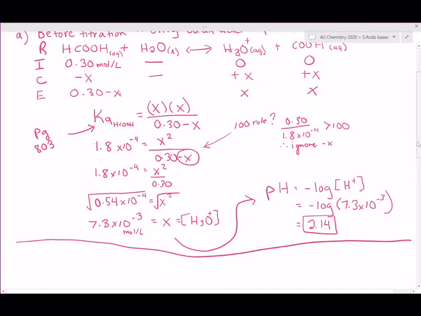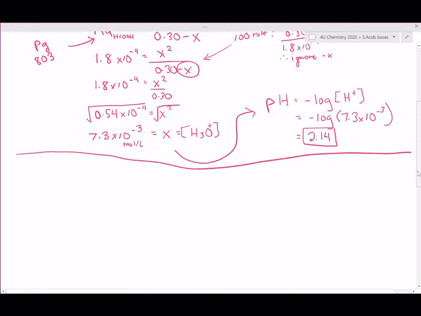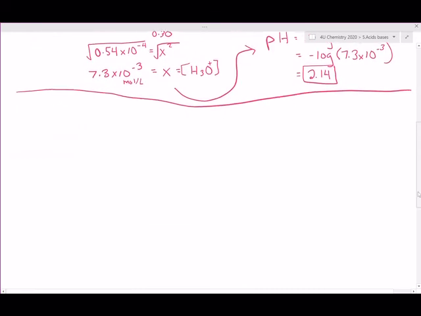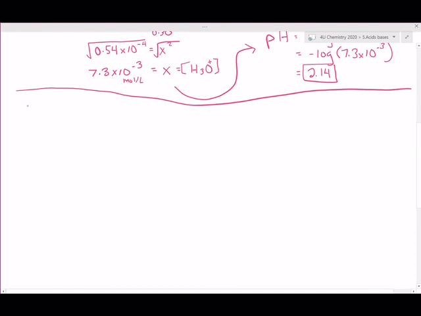Now, that was review. So now we are going to look at the equivalence point. So equivalence basically is saying that we have to have balanced out all of the hydrogen ions with all the hydroxide ions that we're titrating with.